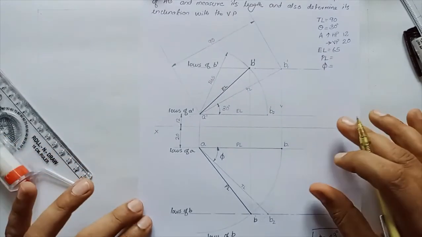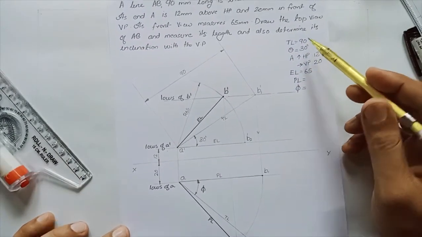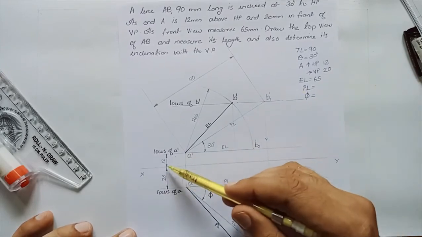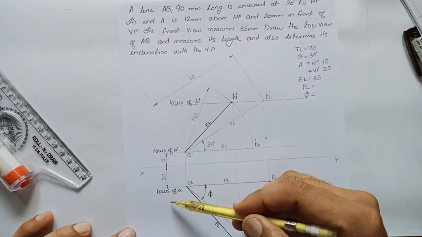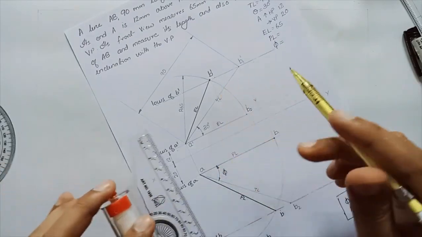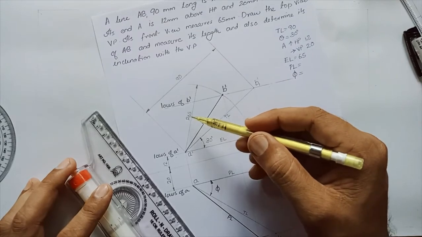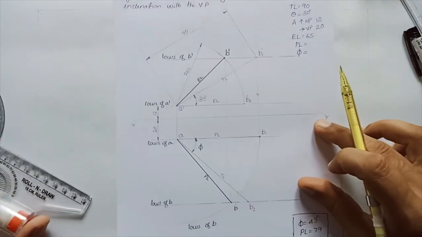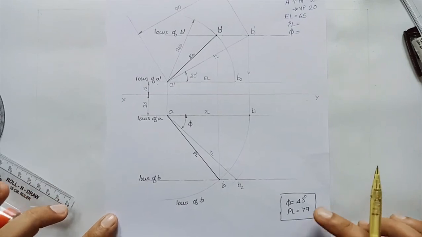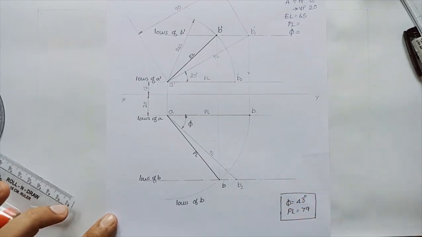All the dimensions which were given in the question, we have marked here. That is true length 90, angle 30, then coordinates of A, 12 mm above HP and 20 mm in front of VP. We have one more dimension, that is the elevation length. We have to mark it, already I have marked it here, that is R65. With this, this problem is complete. Please remember that you have to write the values that are asked in the question separately inside a box.